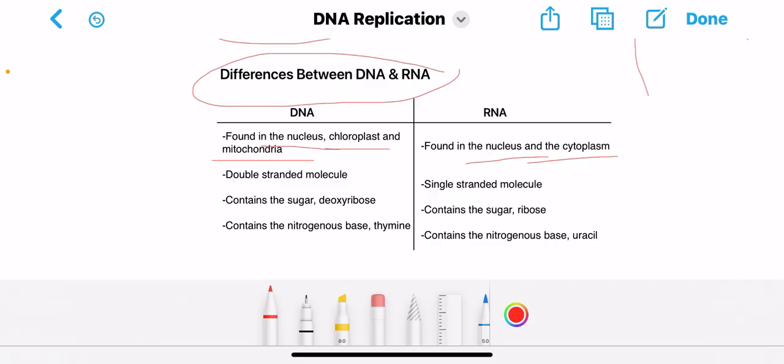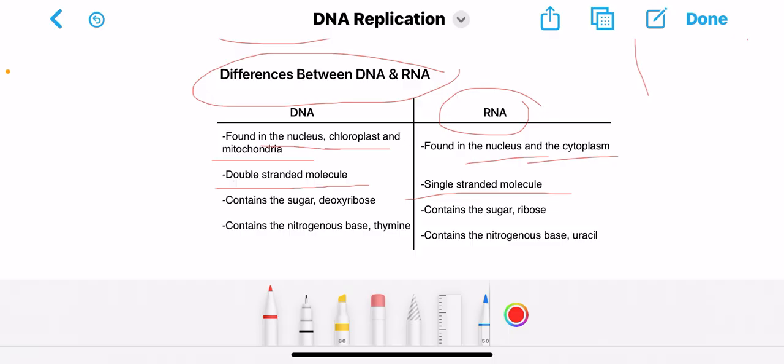This one is only found in the nucleus and cytoplasm. I'm referring to RNA. Now, DNA is a double-stranded molecule. It has a double-stranded what? Structure. Whereas RNA has a single-stranded structure. It's a single-stranded molecule, the RNA, and DNA is a double-stranded molecule.